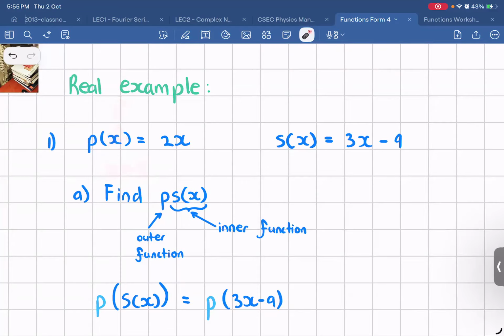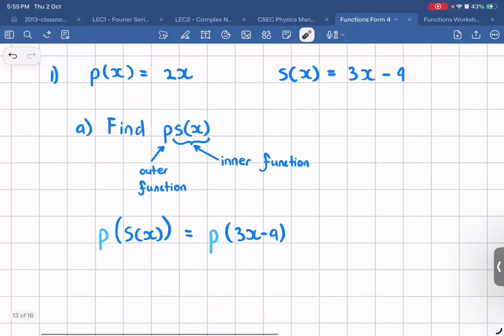Yeah. Okay, what is inside the brackets here? 3x negative 9. So anywhere I see x, I'm going to replace x with what? The whole thing. You're going to replace it with 3x negative 9.